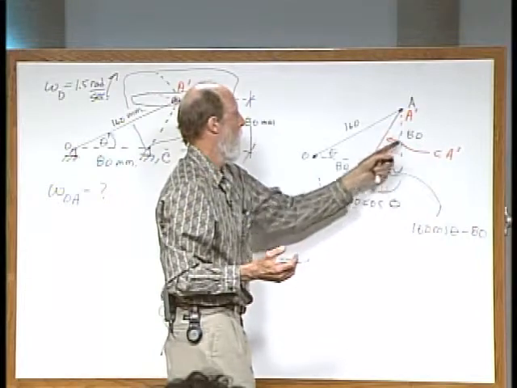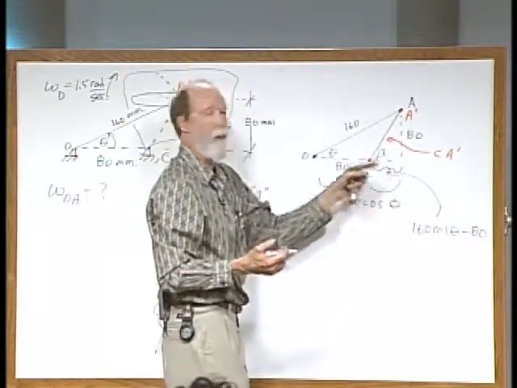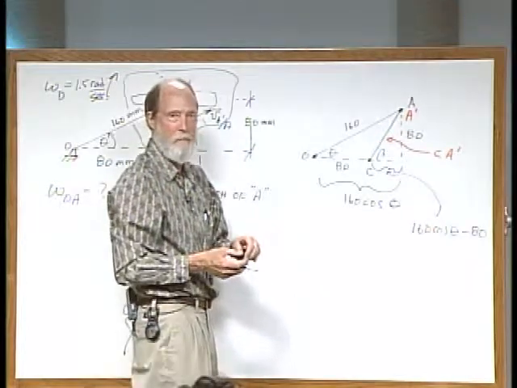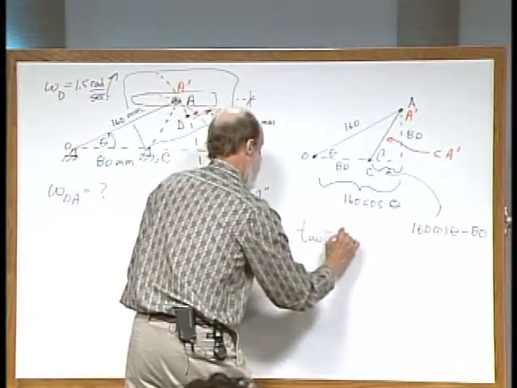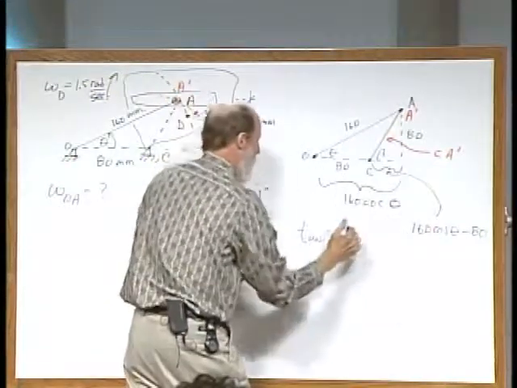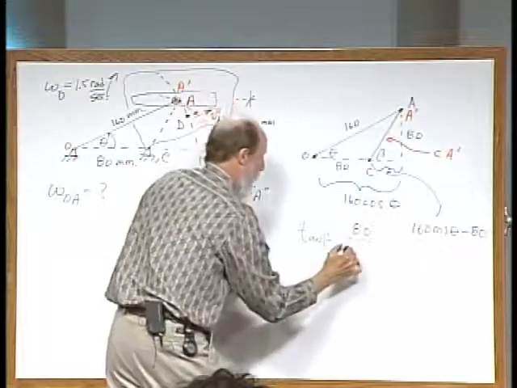And then I'm seeing that I've got a tangent relationship for beta here. The tangent of beta is equal to 80 divided by the horizontal leg right there, which is this thing.